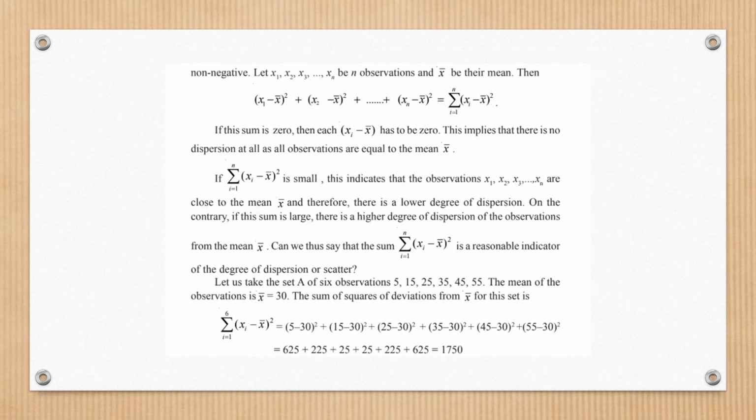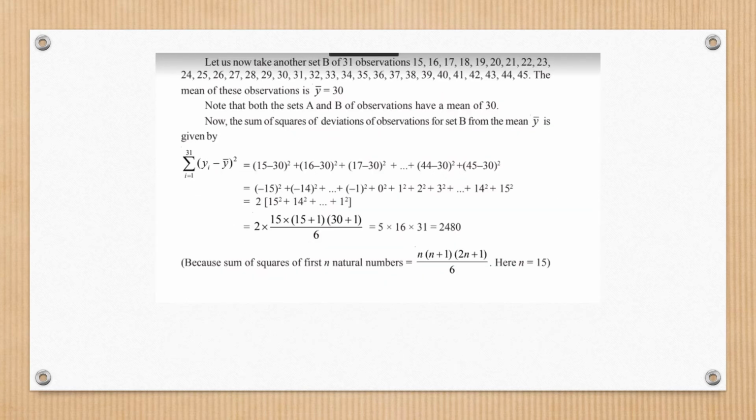In case of variance, you will take xi minus x bar squared, x2 minus x bar squared, and so on up to xn minus x bar squared. So it will be summation of xi minus x bar whole squared. An example is given here. If observations are given, you can go for xi minus x bar whole squared and obtain the corresponding sum.